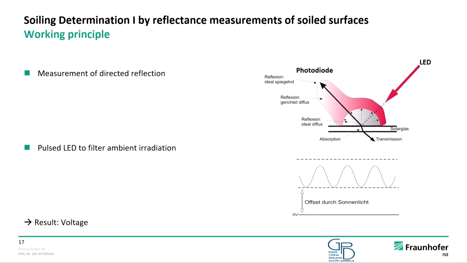How should we measure that now? For the determination of the soiling coverage, we can use a small handheld, which is also in-house developed. It's quite simple, not so expensive, works on the reflectance method, has a pulsed LED light, and it filters the ambient irradiation as well, just to work properly.